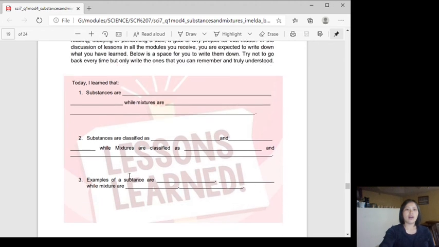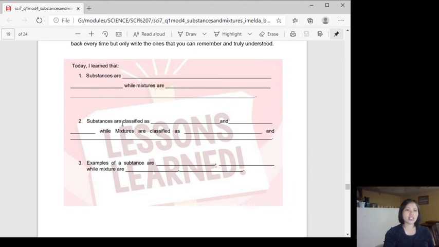Next, we also learned that substances are classified as blank and blank. There are 2 classifications of substances. Also, mixtures. There are 2 classifications of mixtures. Those are what you're going to write here. Substances are classified as blank, and mixtures are classified as blank and blank.